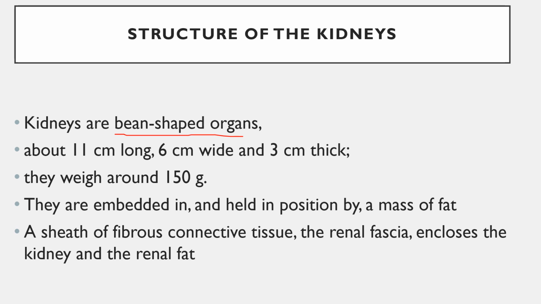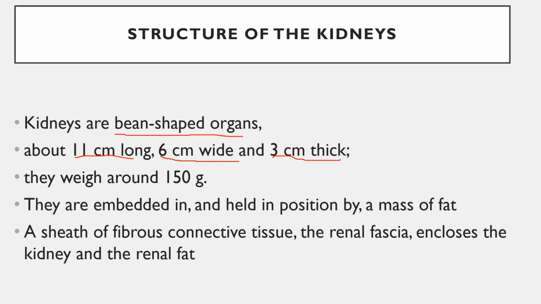Then you go to the size. The kidney is about 11 centimeters long, 6 centimeters wide, and 3 centimeters thick. But also confirm this with your books or the latest edition, because the authors always change stuff.